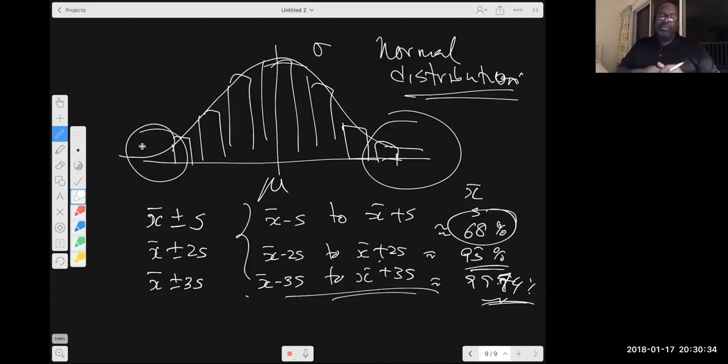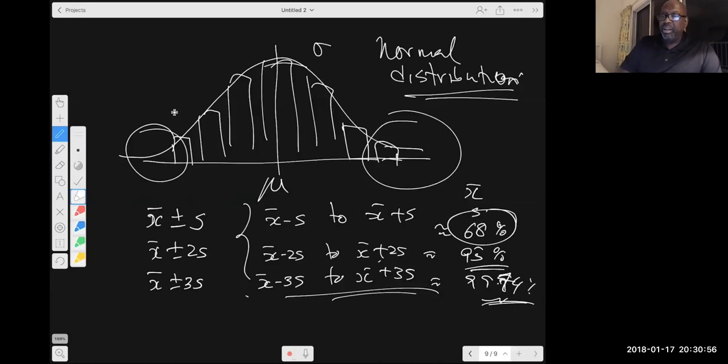So literally what you have to end up doing is take the sample mean and sample standard deviation, calculate those 3 ranges, and literally count and say, oh, this value is in the range, this value is in the range, this value is in the range. You count them, then you divide that by the total sample size, and you get the percentage.